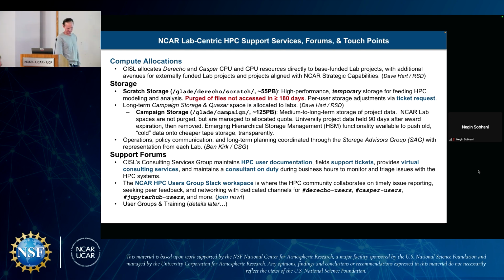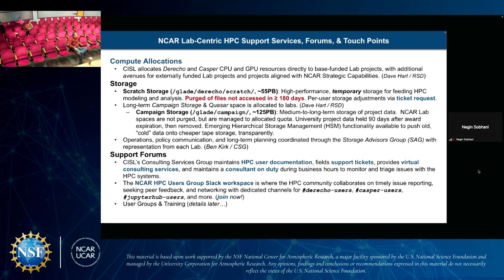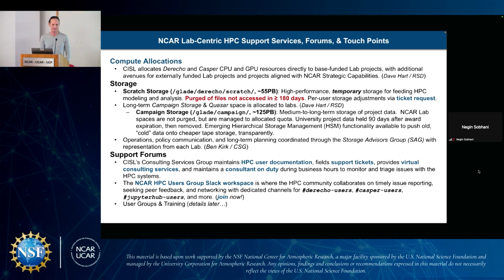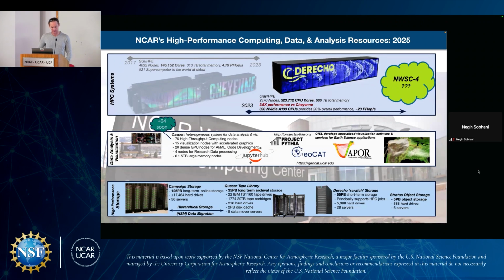Yes. Thanks, Ben. Just a quick question. Each node on Derecho has about 235 gigabytes of memory. And so that is limiting in some cases where we need probably more memory per node. Otherwise, we have to reduce the number of processors that we can use. So I'm not sure if there is a plan to address that on Derecho or in NWSC4 later.